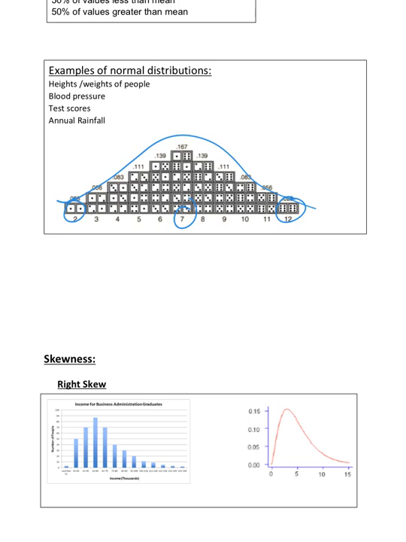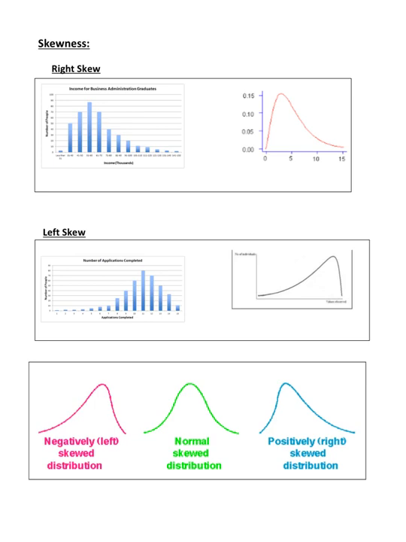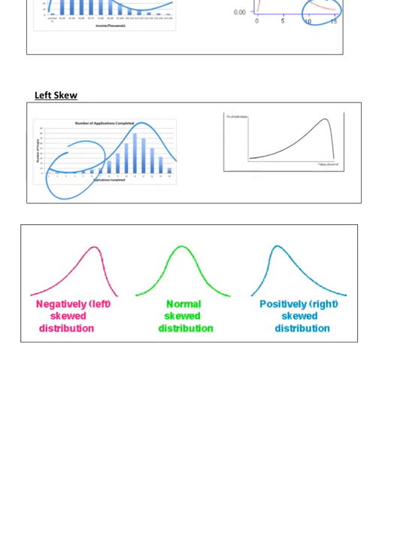If you measure these for large numbers of people or instances, you'll find that they also follow that pattern, that they are normally distributed. And then if it's not normally distributed, then we call it skewed. So this is a right skew, where we say the tail is on the right, and then a left skew is where the tail is on the left. But again, ideally, we want everything to be normally distributed.